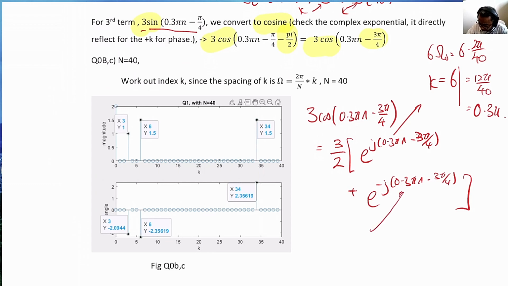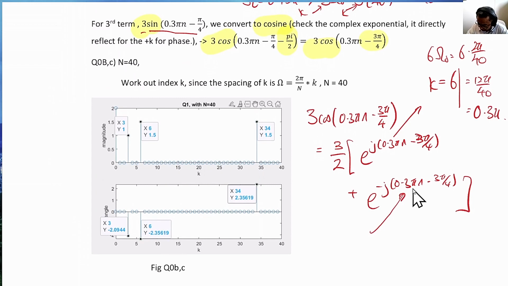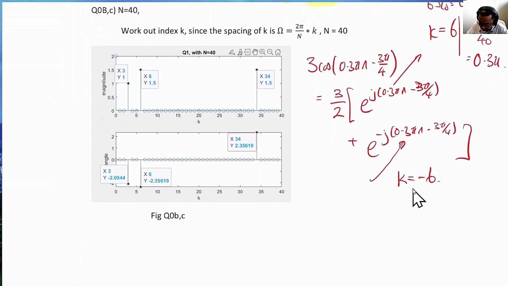Now, what about the negative frequency, minus 0.3 pi? Of course, you can think of it as k equals minus 6. But alternatively, k equals minus 6 is the same because it is 40 samples periodic. K equals minus 6 is minus 1, minus 2, minus 3, minus 4, minus 5, minus 6. So it is at k equals 34.